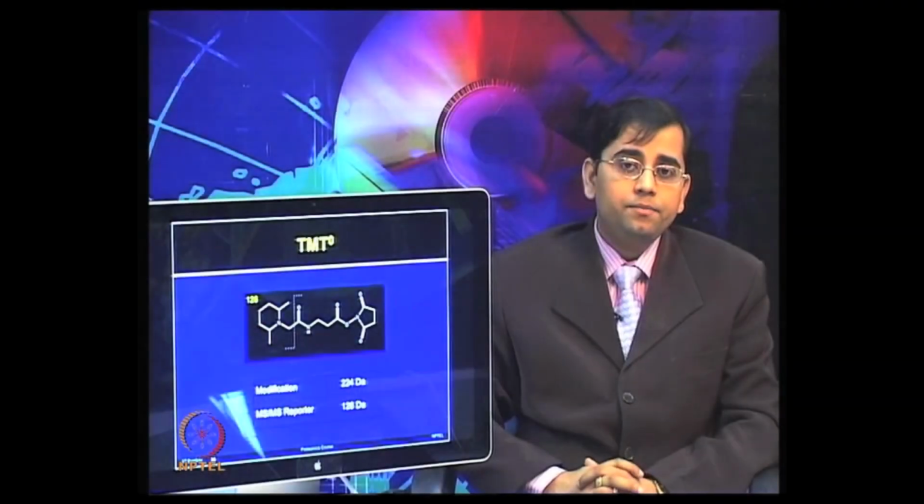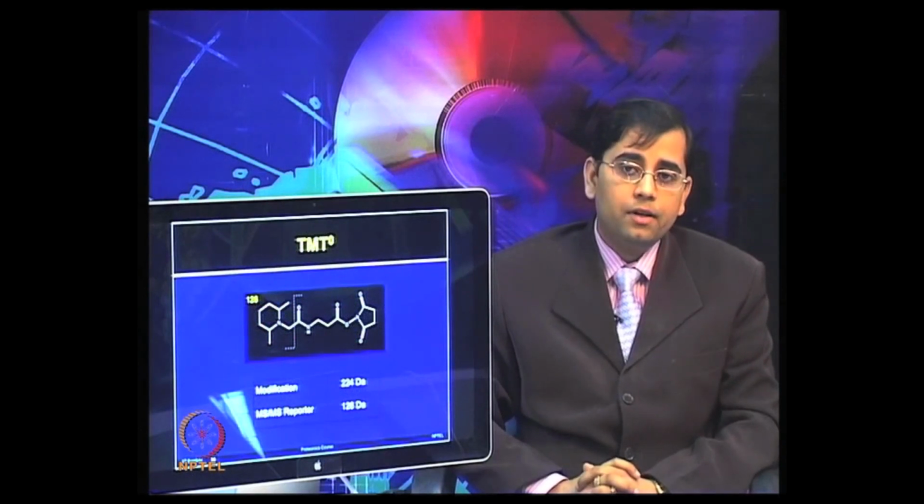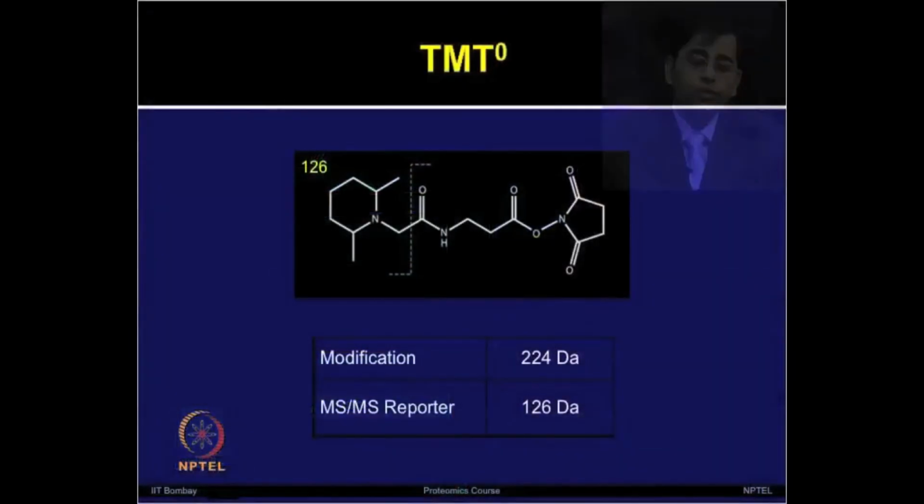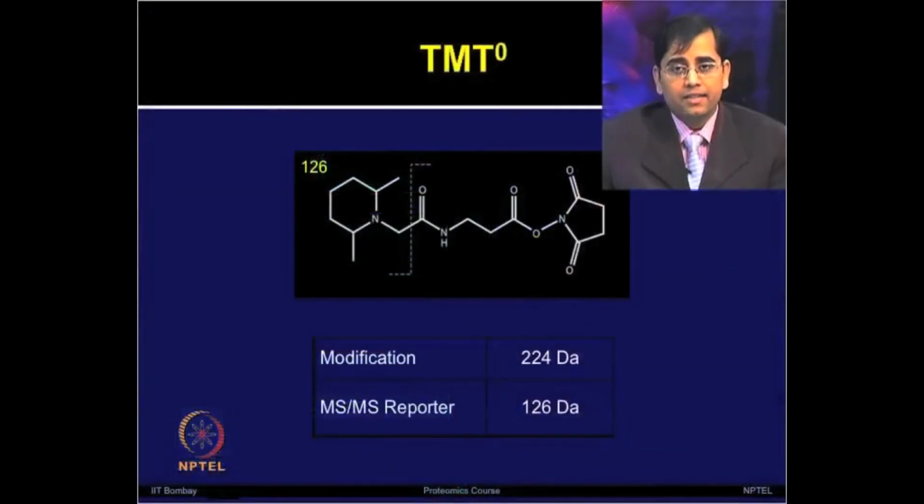Let us look at the TMT0 label structure in more detail. The TMT0 tag is used for testing and optimization of the sample preparation, labeling, fractionation and MS fragmentation for peptide identification and reporter detection.